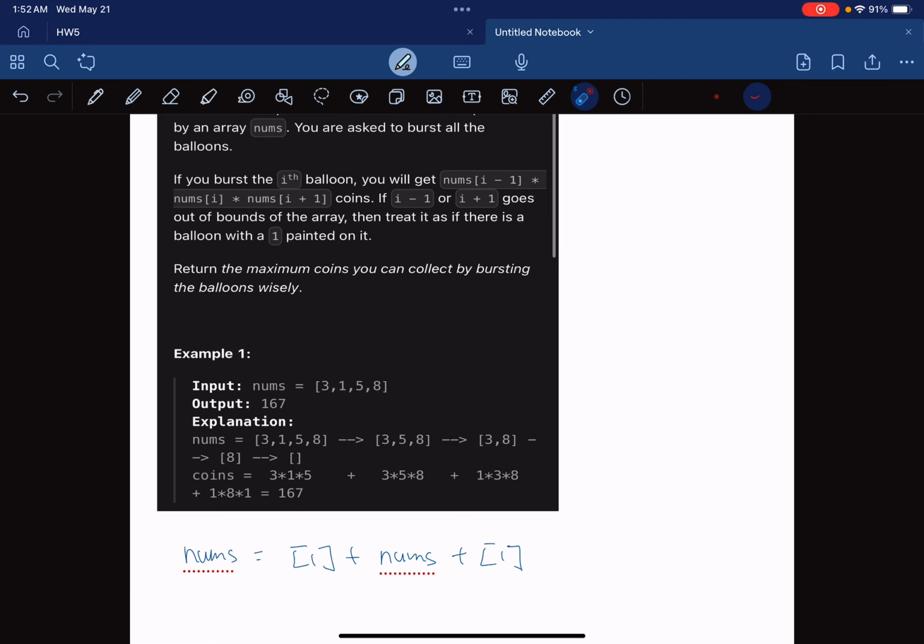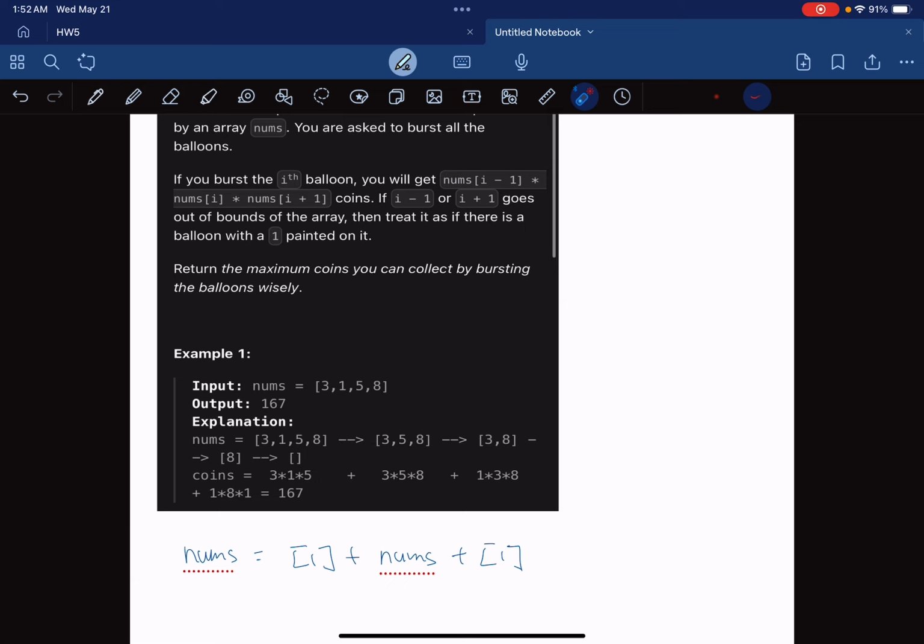But that's an issue because after removing 5, 3, 1, and 8 will be connected together, and we wouldn't have the information for that. If we actually had the information for all of the subsequences, that would solve the problem. But there will be 2 to the n of those, and that will be very slow. And in this problem, we're aiming for an O of n cubed solution.